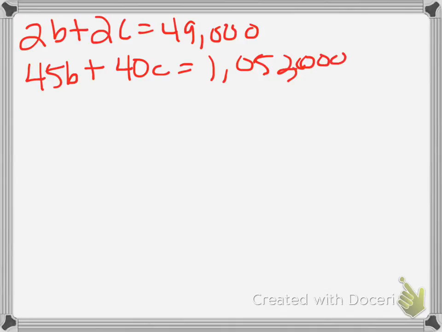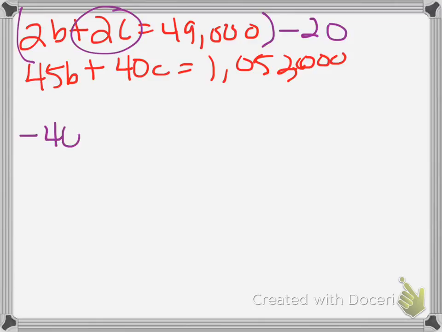1,052,000. Okay. So now at this time, I'm going to have to do some manipulation. So what I'm seeing here is I can easily manipulate the c because if I multiply this whole thing by a negative 20, I can end up getting a negative 40 to be able to eliminate the c. So that's what I'm going to do.